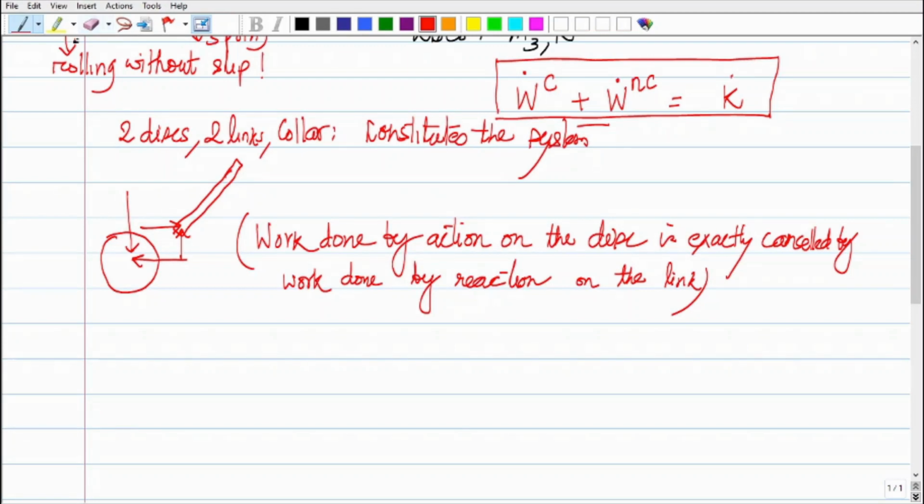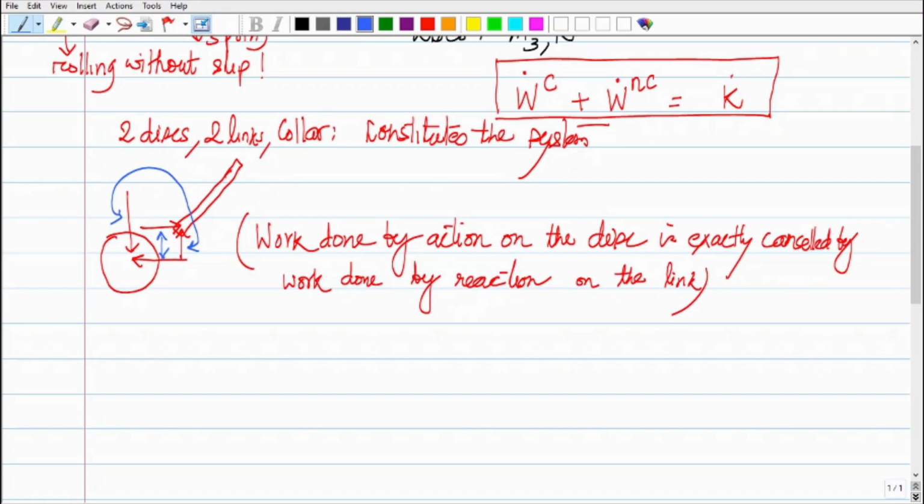You see, for example, what are the action reaction pairs? Let's identify. So these two, they are action reaction pairs, and likewise these two, they are your action reaction pairs. And why the work is cancelled? Because the point of application of the action and reaction, that point is undergoing the same displacement, isn't it?